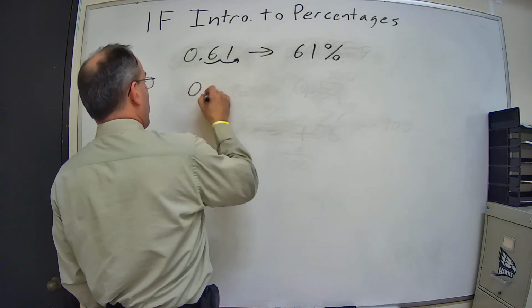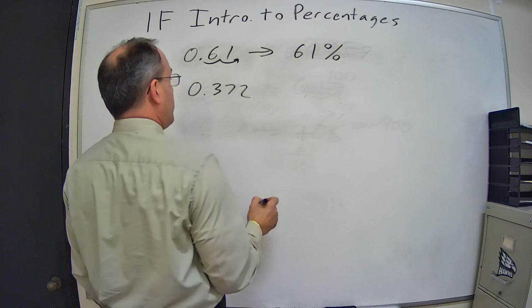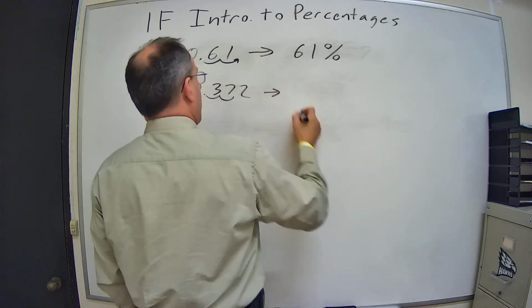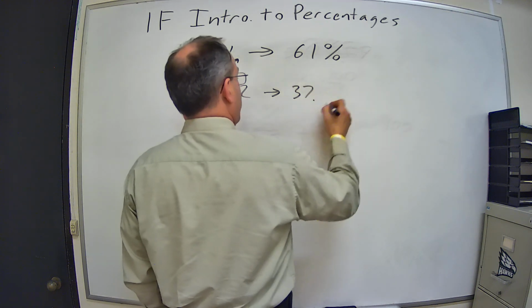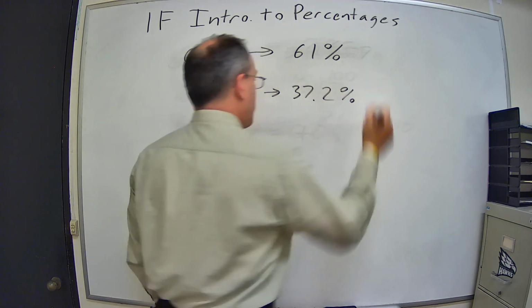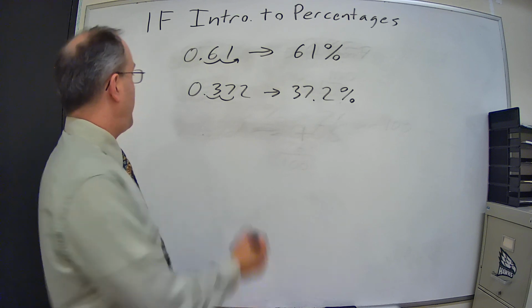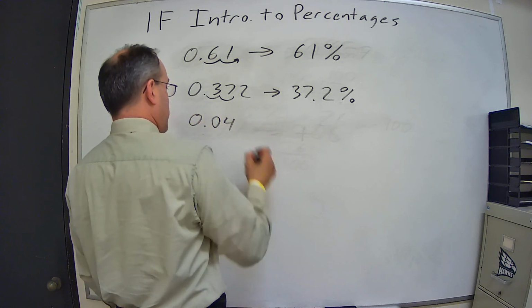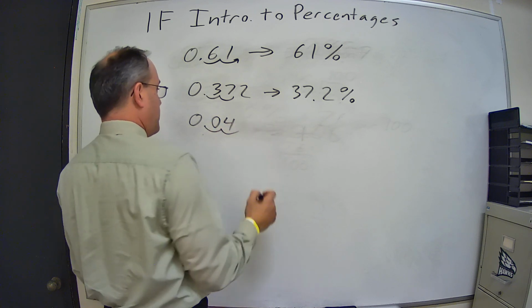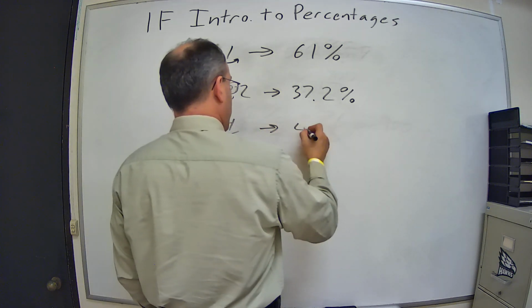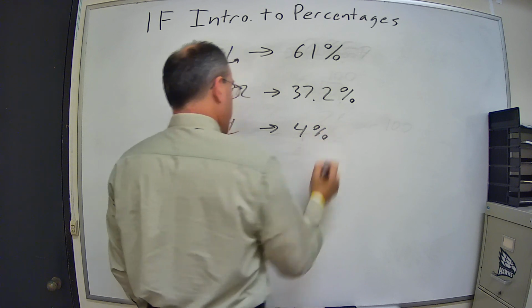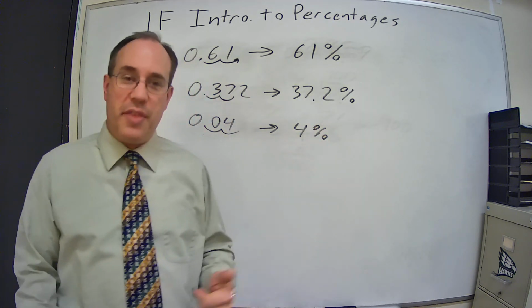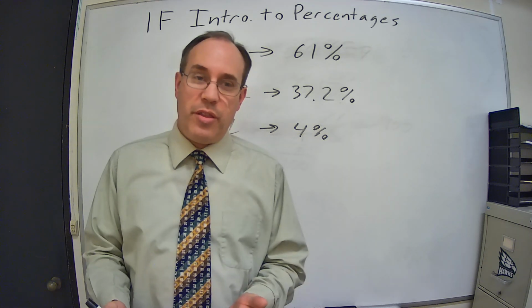If I have 0.372, I move the decimal point 2 places to the right, and I get 37.2%. If I have 0.04, move the decimal point 2 places to the right, 4%. Now be careful when you're going from a decimal to percent. Make sure that you put the percent symbol in there.